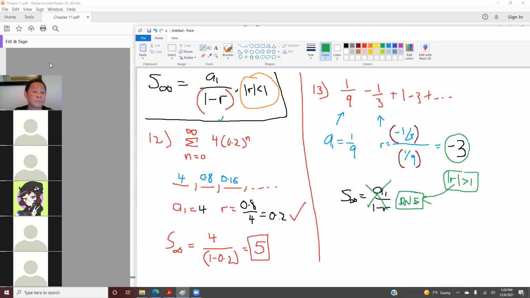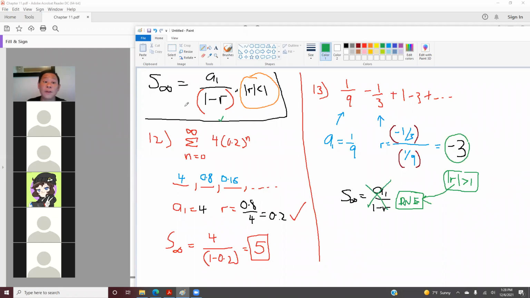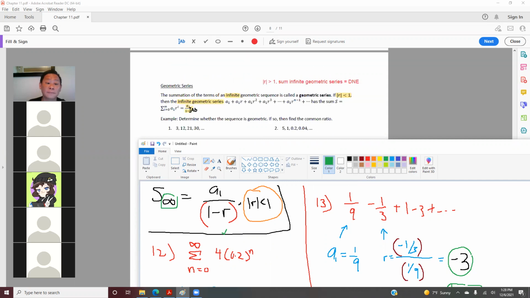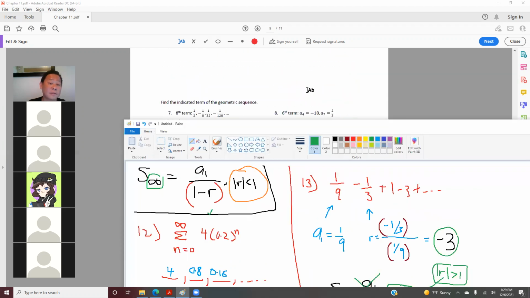For geometric sums, if the absolute value of R is greater than 1, it does not exist, just for the infinity case, not for the finite case. For the finite case, you're still able to use this formula to sum.